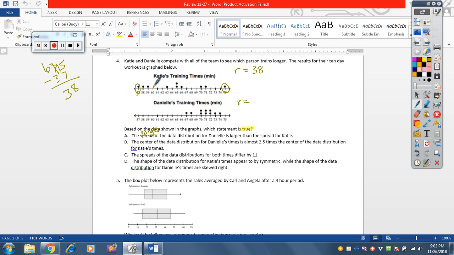Is Danielle's spread larger than Katie's spread? B says the center of the data of distribution for Danielle's time is almost 2.5 times the center of distribution for Katie's times. So I'll find Danielle's. Remember, center and median are the same. You're just looking for the middle.